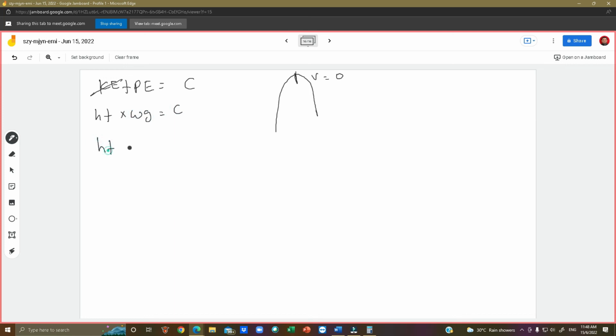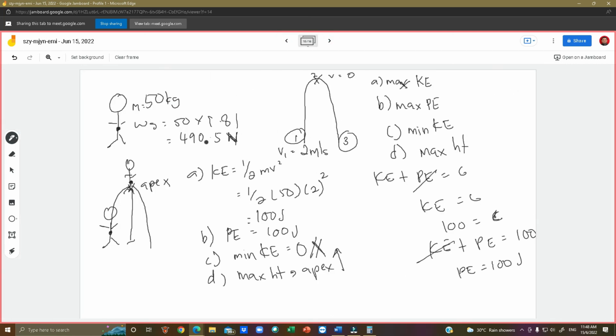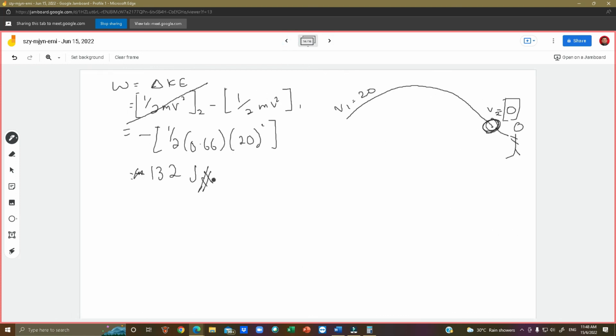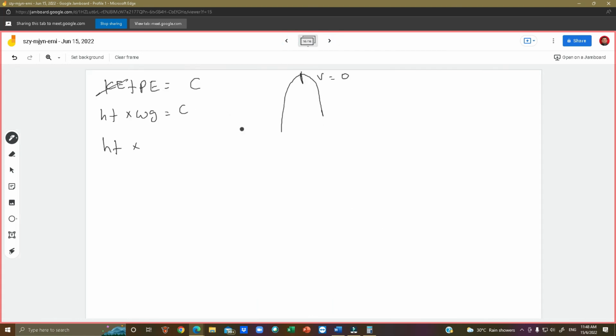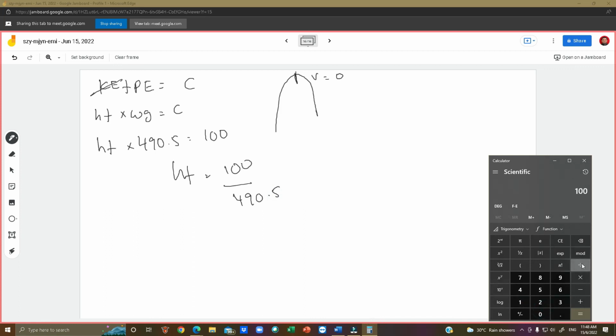Height, we do know that. Weight dia, apa? Oh, sorry. 490.5. 490.5 equals to 100. So height dia ialah 100 divide by 490.5.